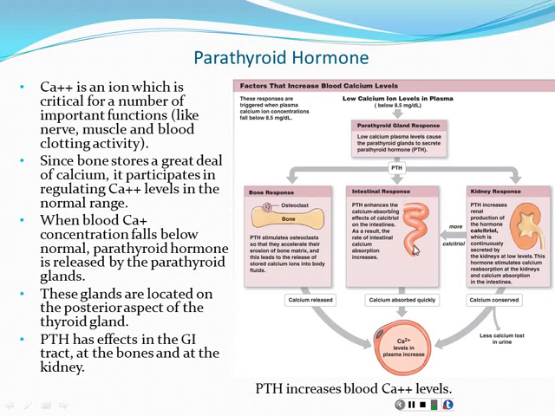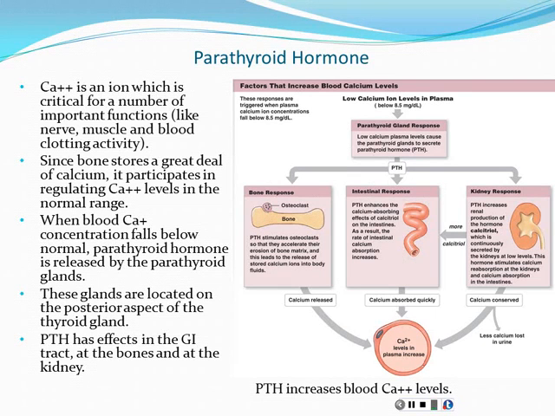In the intestine, parathyroid hormone triggers increased absorption. That also makes sense. If our calcium level is low, well, let's pull as much calcium from the food that we're eating as possible to get those levels back up. And then in the kidney, parathyroid hormone reduces the amount of calcium that the kidneys excrete.